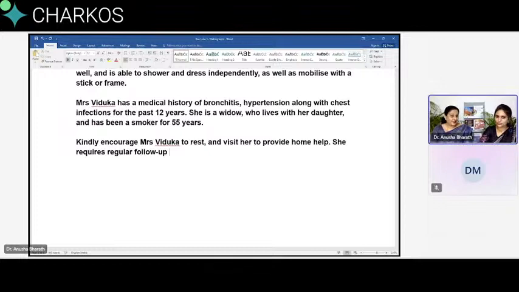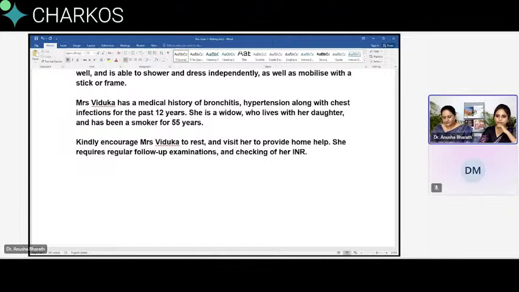Follow-up hyphenated? Yes, it is. Follow-up examinations. Okay. Comma. And checking of her INR. Checking of her INR. Yes, full stop. All right.